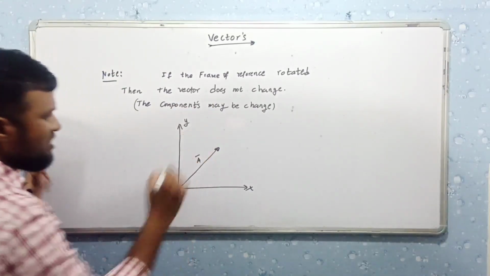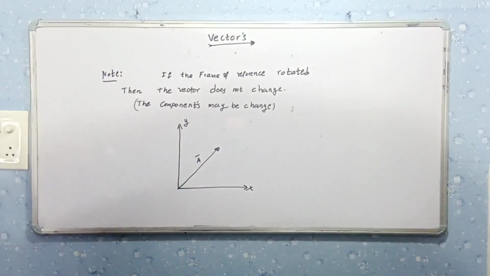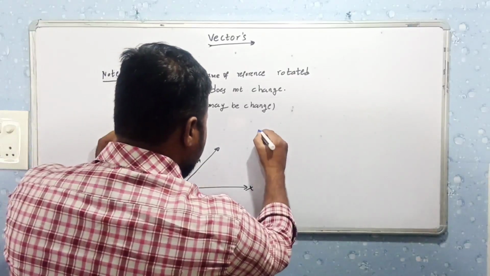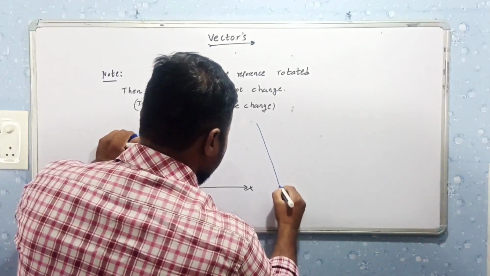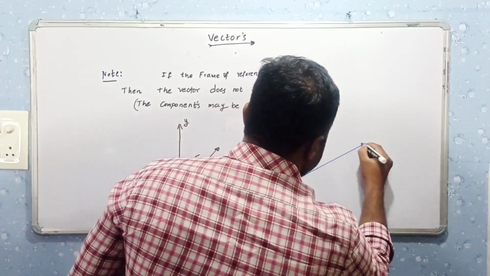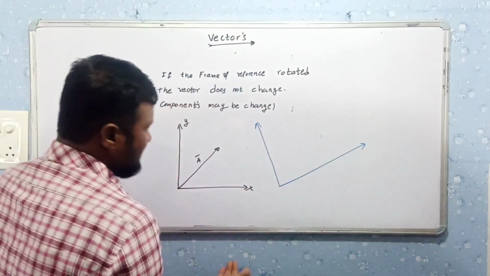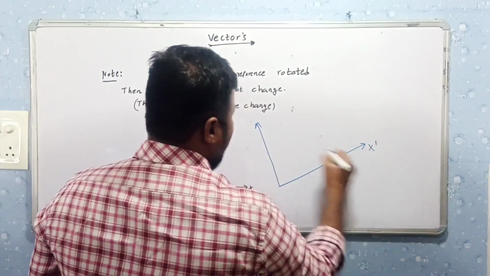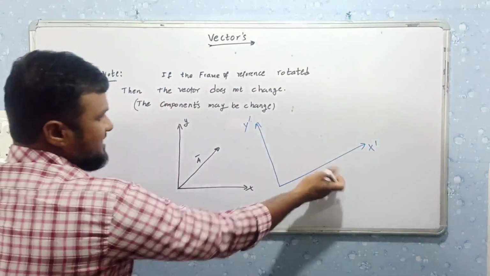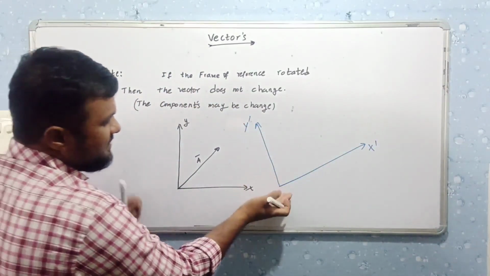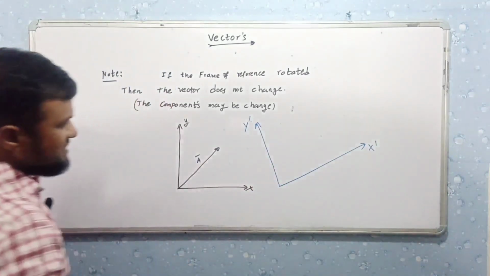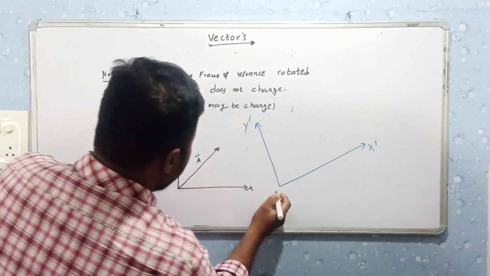Let us suppose a bar is a vector. Understand? If the frame of reference is rotated, meaning the x-axis and y-axis are tilted by some angle theta, now they become x dash and y dash.